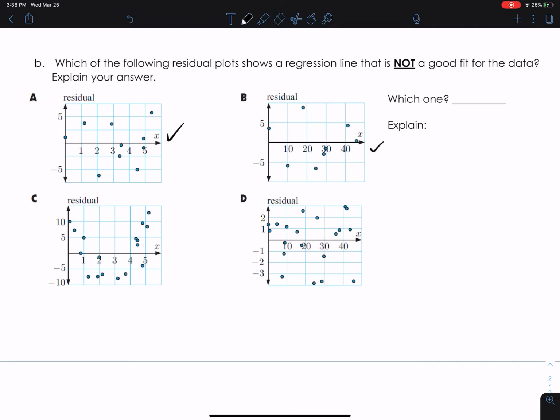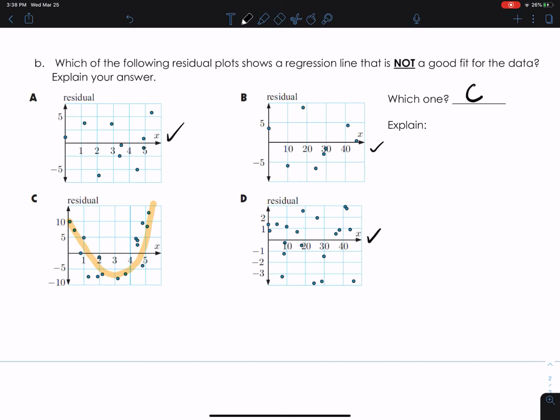B, it looks like it's a good fit. They're randomly scattered. C, if you look at this one, it kind of has a curved pattern. And then D, they look pretty random. So on this one, if it has a curved pattern, then that's not a good fit. That shows that the regression line is not a good fit for the data. So I'm going to put C.